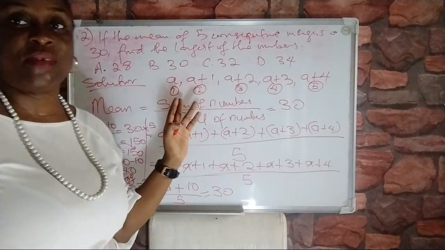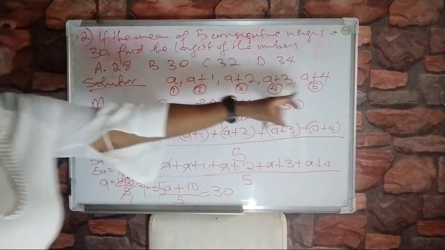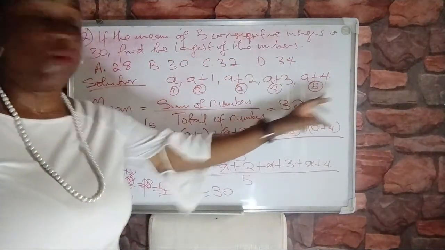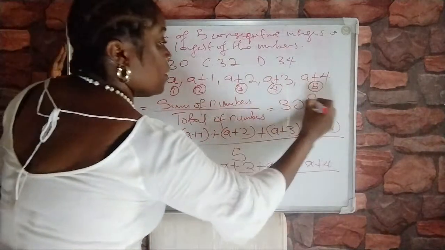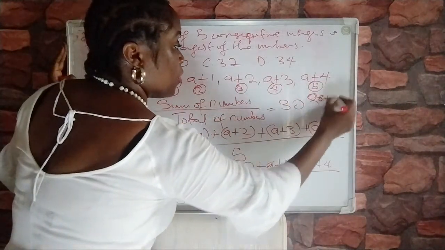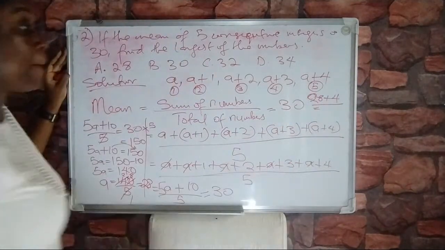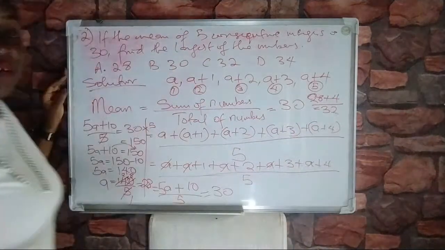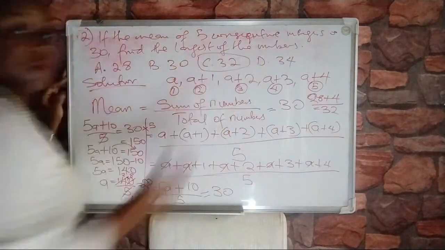The highest integer will be A plus 4, the fifth consecutive integer. Our A is 28, so 28 plus 4 gives us 32. Therefore, our correct answer is 32.